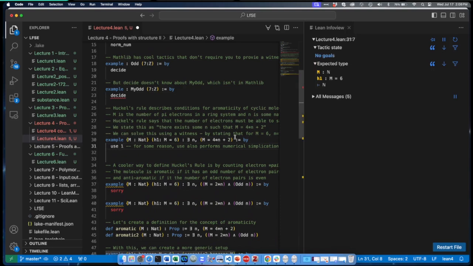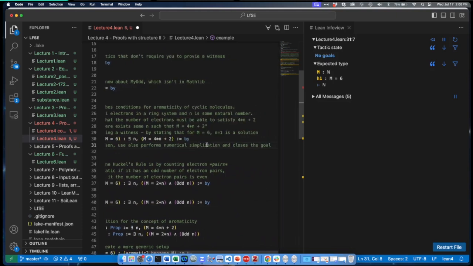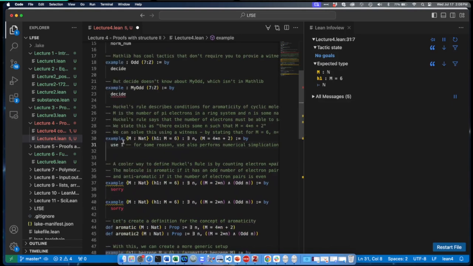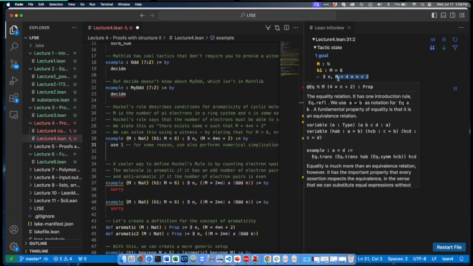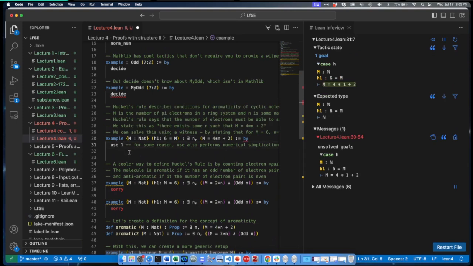And I put this in because I don't quite understand it: use here is also performing numerical simplification and closing the goal. It's not simply replacing in the goal state. It's not simply going to the goal state and returning m is equal to 4 times 1 plus 2. A way I sort of figured this out is if you make it a little trickier, then it uses 1, and we do replace the n, and so our goal state is now 4 times 1 plus 2, and we have a hypothesis.